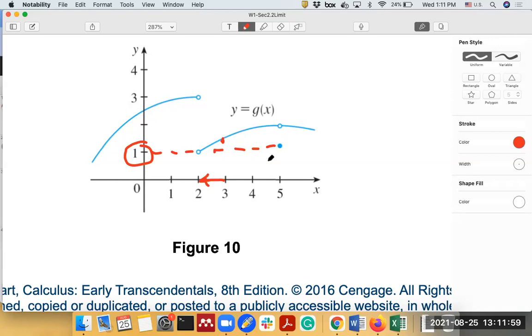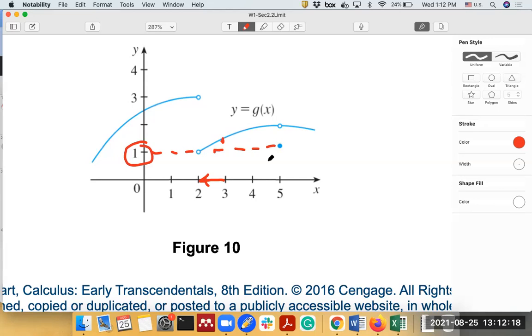Any question? Sorry? g of 2 does not exist.